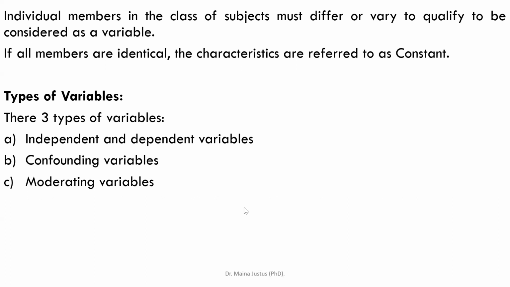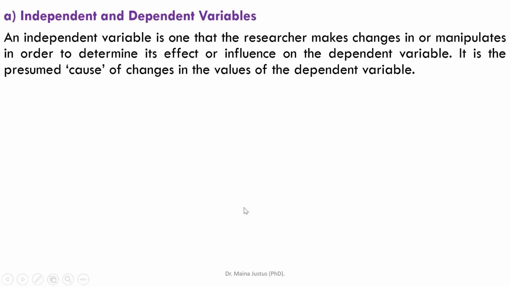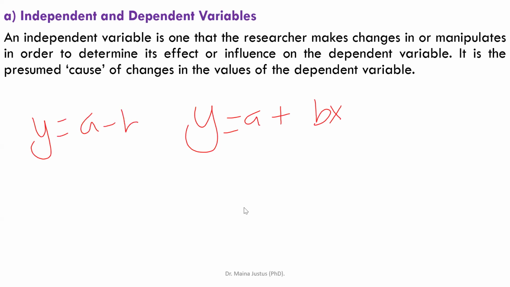I'll be starting with the independent variable and the dependent variable. I think we have come across this equation, y is equal to a plus bx, and another one, y is equal to a minus bx. We call this a linear equation or a straight line equation.